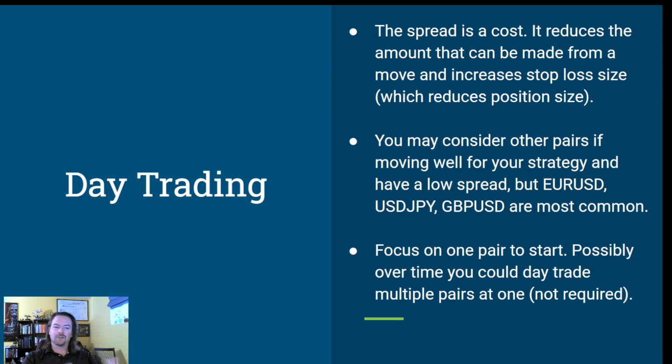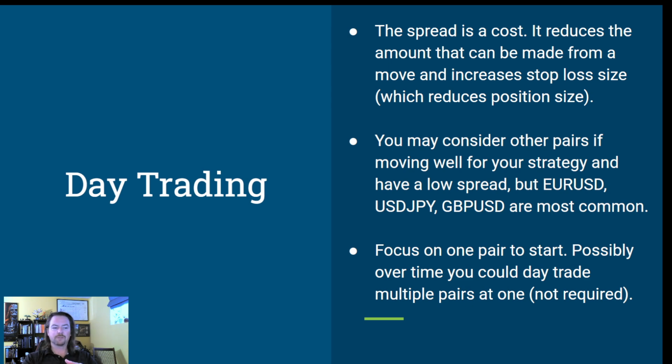That's going to also increase your stop loss size, because you have to factor for that spread, and that's going to reduce position size. So someone with basically zero spread could take a larger position than someone who has a 1 pip spread, because that 1 pip spread is going to make your stop loss size bigger. You have to account for that when you're taking the trade.